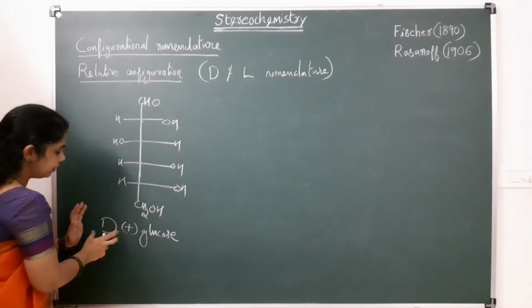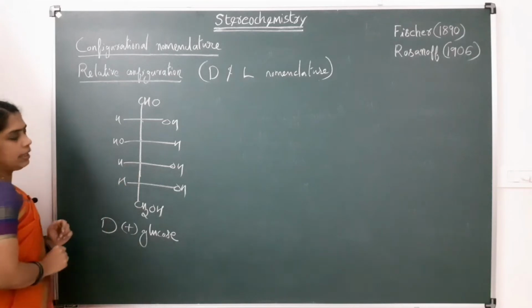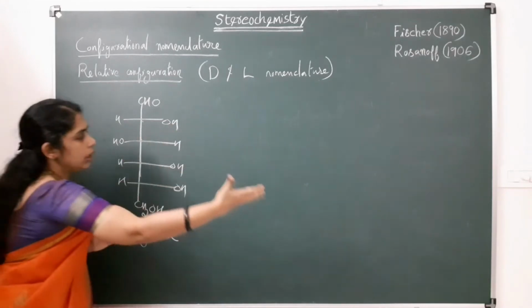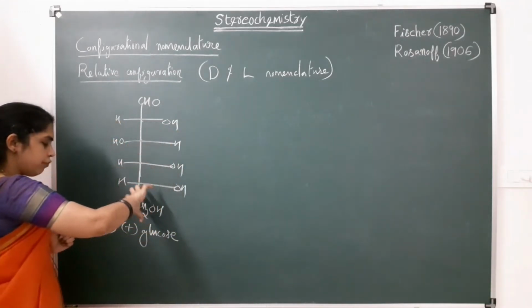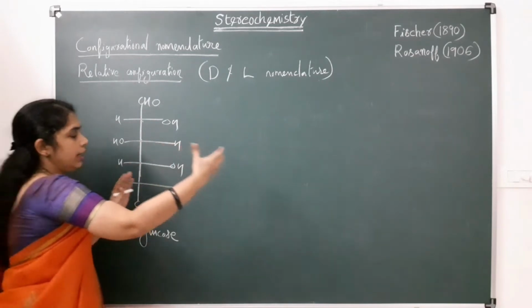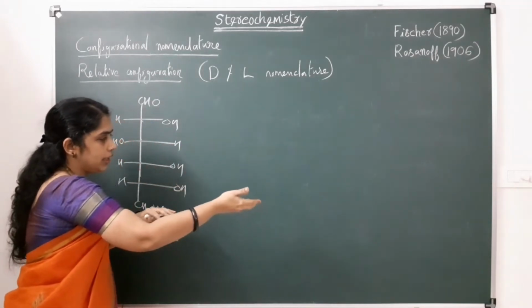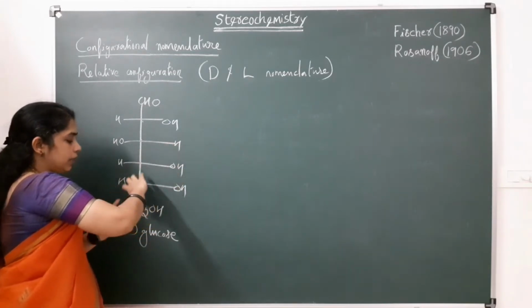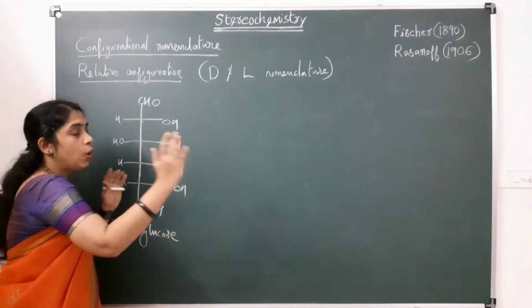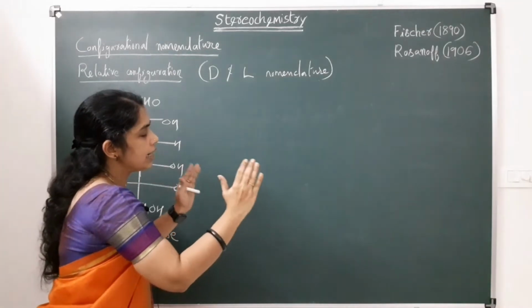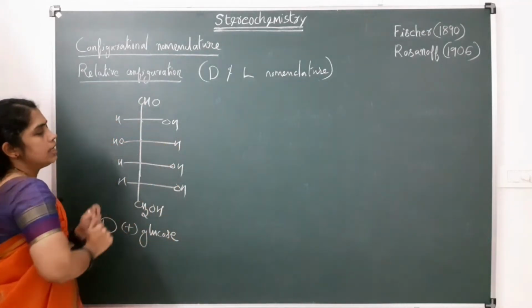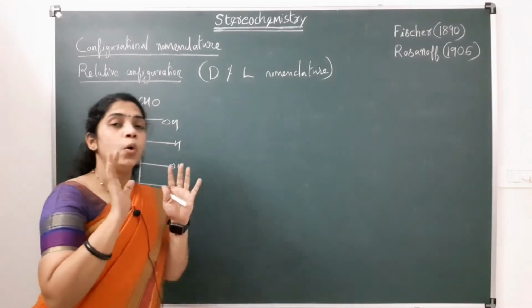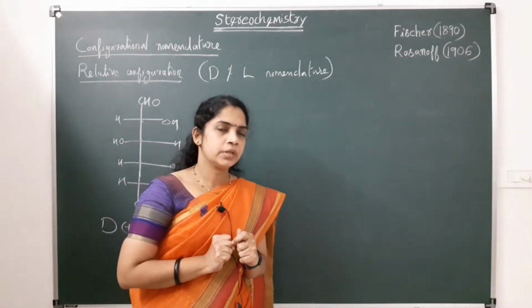He assigned the D configuration to this plus glucose molecule, and any molecule that can be synthesized from this plus glucose, or any molecule that can be converted into it, if any chemical transformations are possible with this D plus glucose, all belong to the D family.